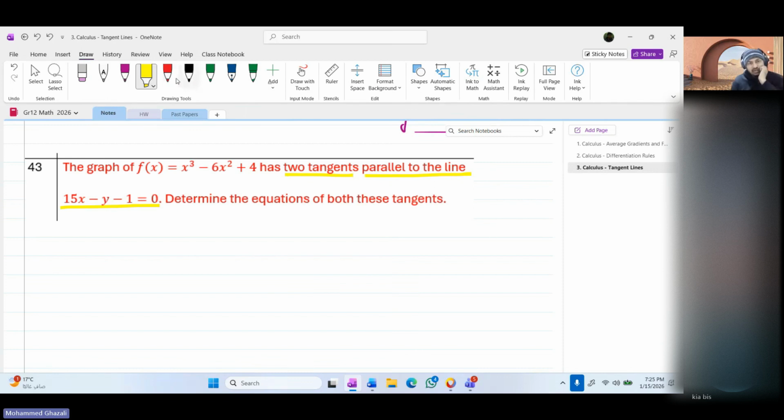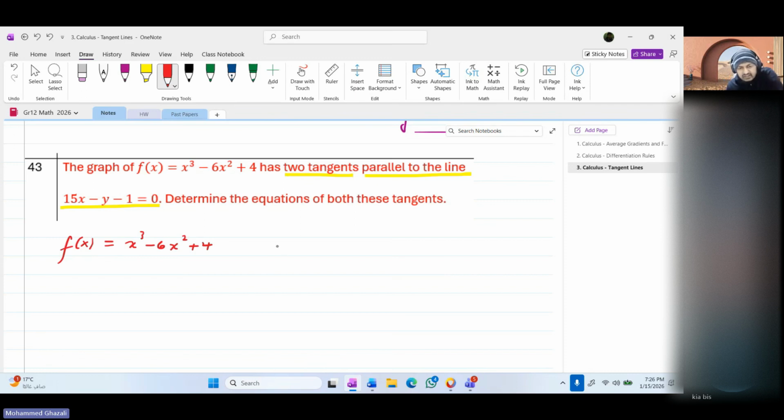So watch here. I'm going to do a setup here. We have a function f of x, which is x cubed minus 6x squared plus 4. First, try to understand what the question is asking you for. So what are two tangents?